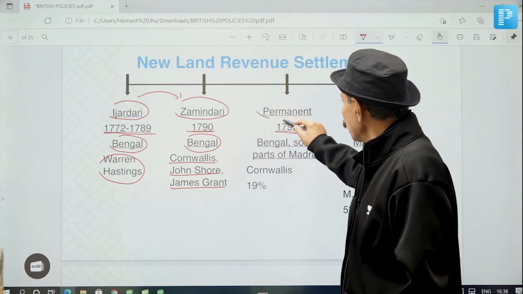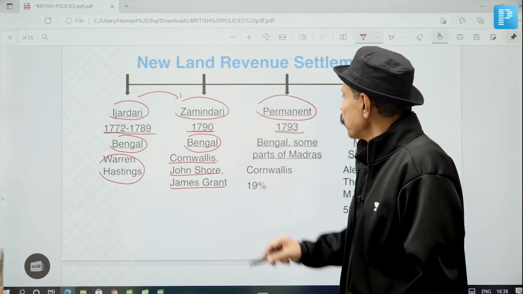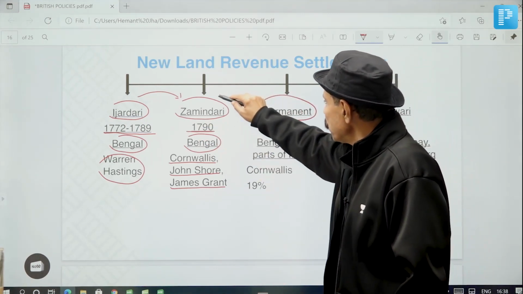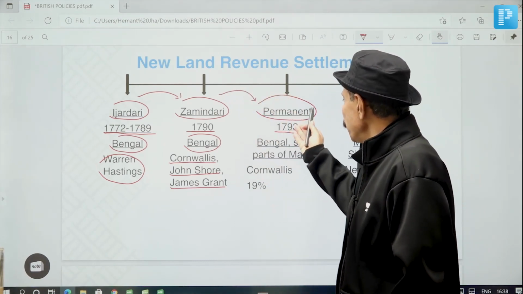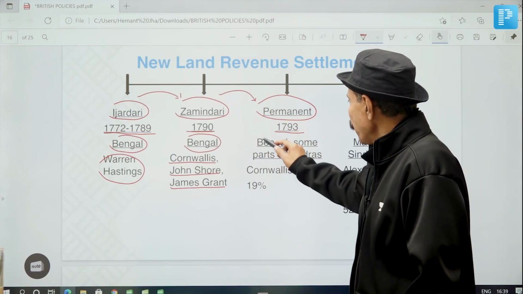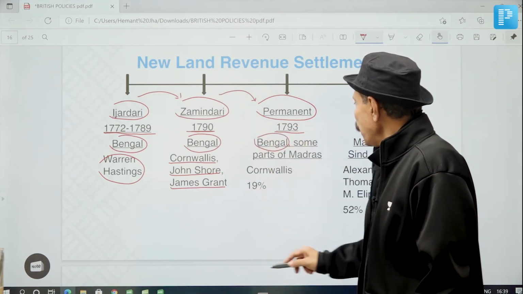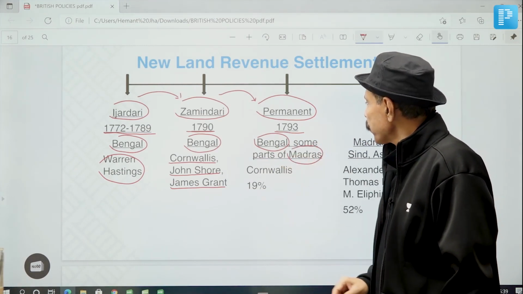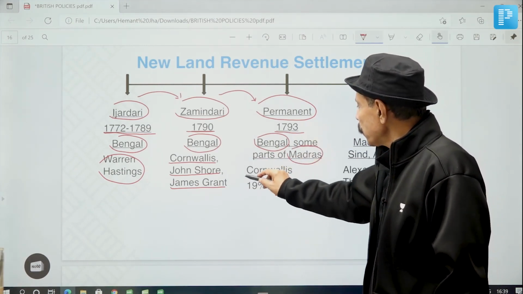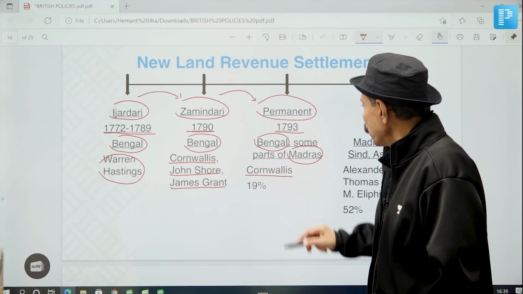That's why this system is known as permanent settlement. So permanent settlement was essentially zamindari settlement introduced in 1793 in Bengal and later in some parts of Madras. And this was introduced by the same Governor General, Cornwallis.